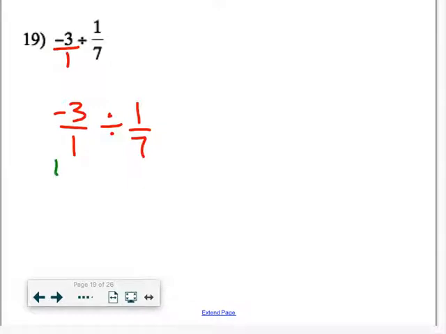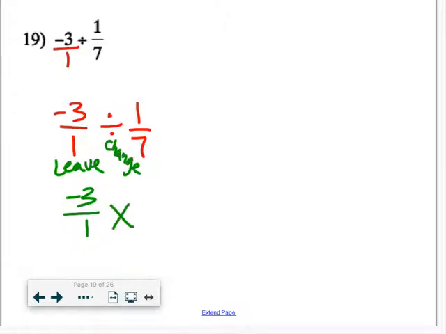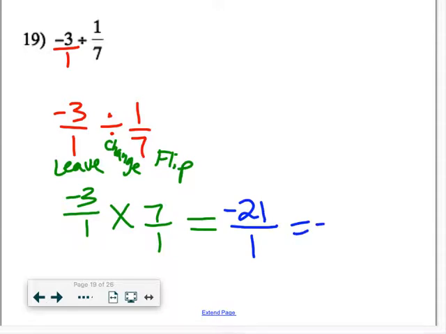So you leave this first number alone. So negative 3 over 1 stays. You change the division sign to multiplication. And then you flip the last fraction, so 7 over 1. So in this case, now we have a multiplication problem, so we can just do our numerators and our denominators. 3 times 7, negative 21. 1 times 1 is 1.